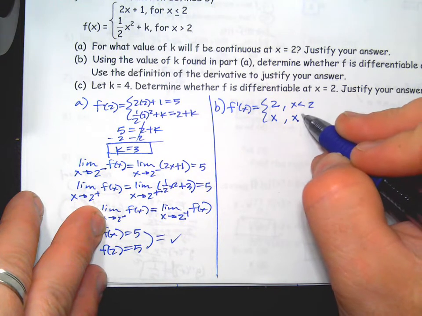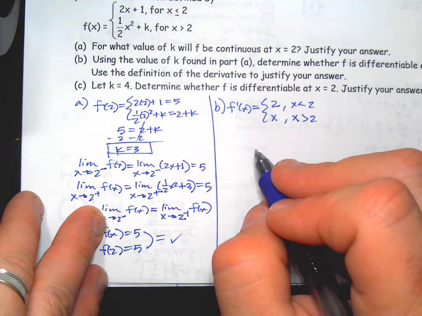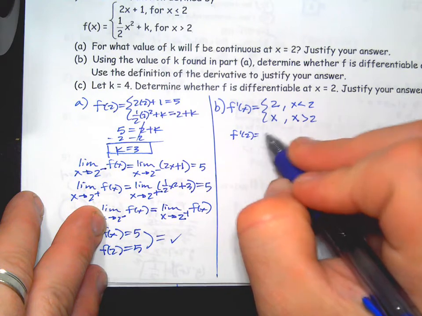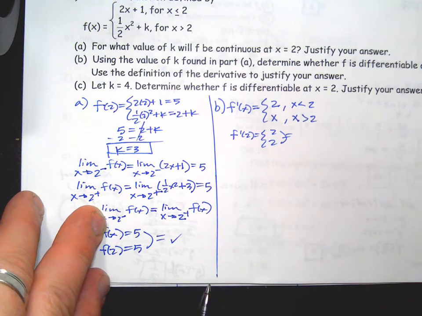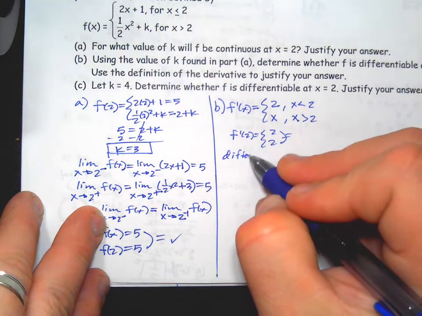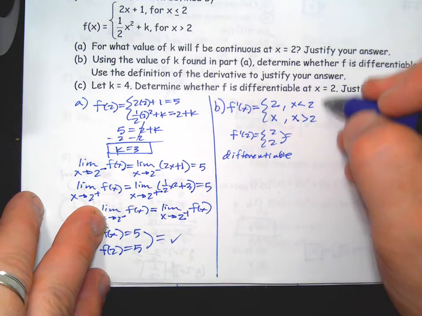I mean, it's got to be continuous. And so then if we plug in f prime of 2, both sides give you 2 and 2. This is the lazy way of doing it, right? Therefore, it's differentiable. That's not really using the definition of derivative, but we'll let it go for right now.